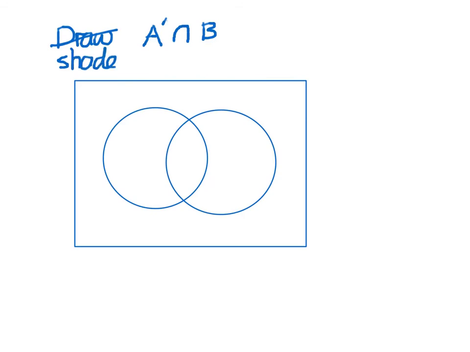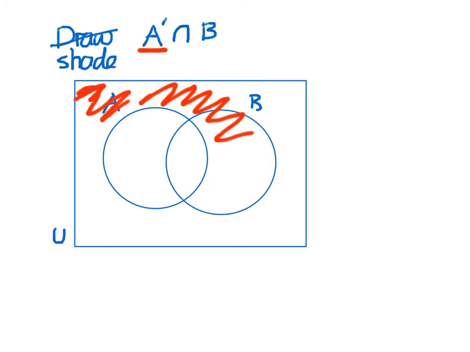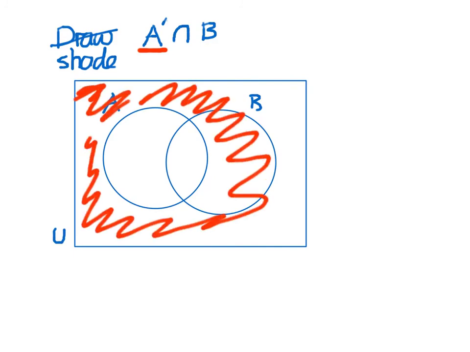Show on the diagram below by shading this intersection. So the first thing that we want to do is shade the complement of A. And it would be helpful if we knew which set was A and which set was B. Okay. So now we're going to shade the complement of A, which again is everything that's outside of A.